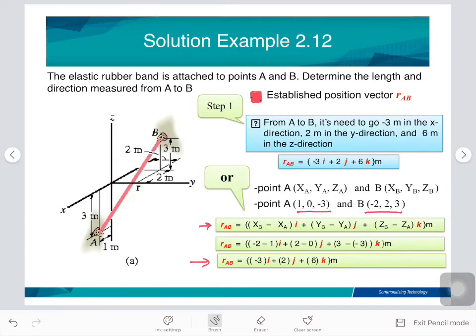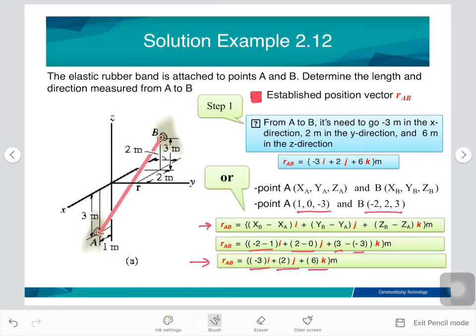Then you have negative 2 minus negative 1, negative 2 minus 0, and 3 minus negative 3. So we solve the mathematics. Then we have the position vector RAB equal to negative 3I plus 2J plus 6K.